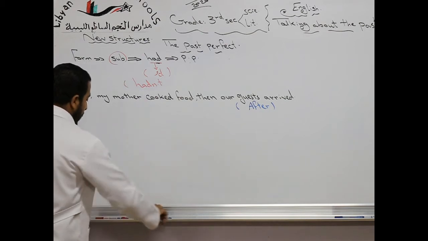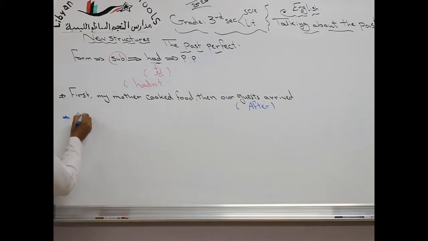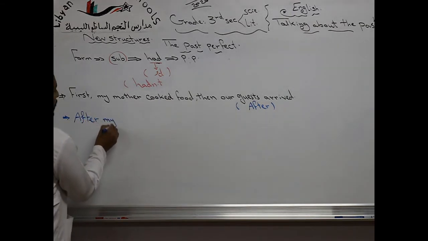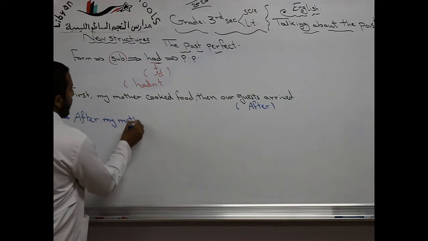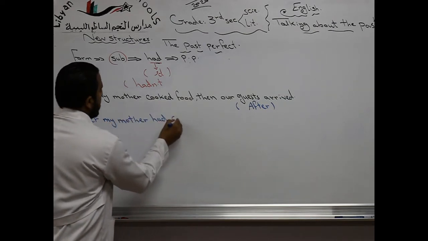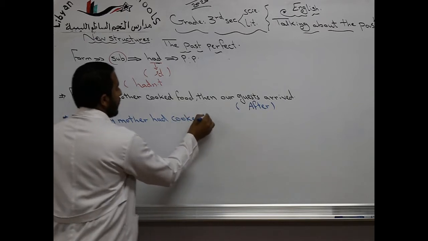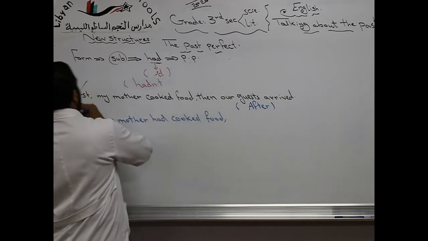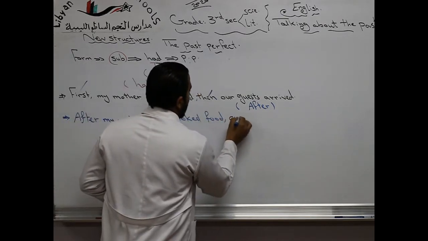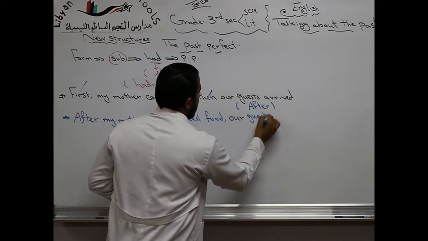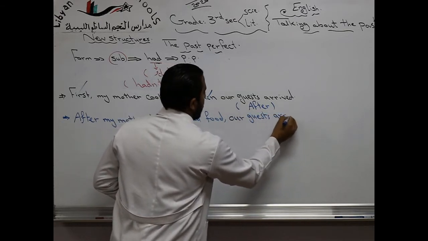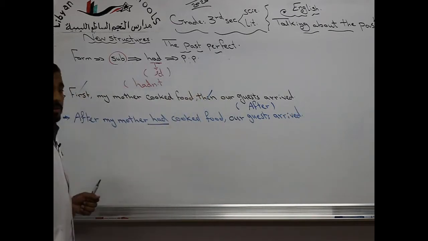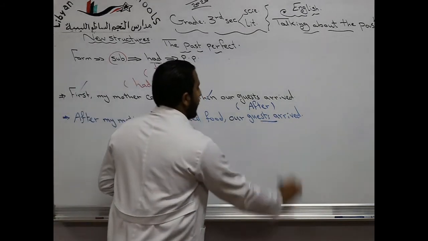So: after my mother had cooked food, as we agreed that we drop first, and then our guests arrived. My mother had cooked food is the first action. Our guests arrived is the second action.